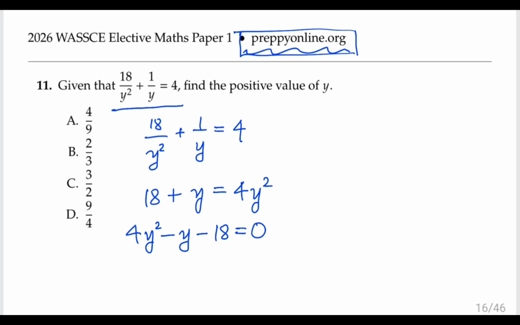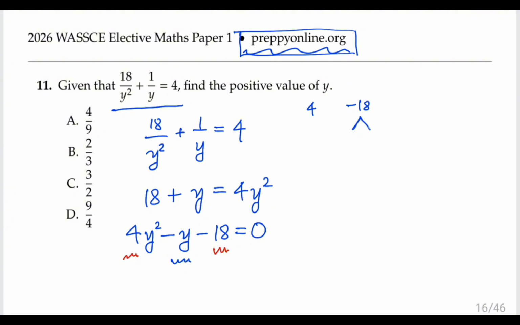As usual, when you have a quadratic, there are a number of ways to do this. You're trying to break the first term and the last term into their factors, and find a way of combining those factors so that you get the coefficient of the middle term, in this case, minus 1.